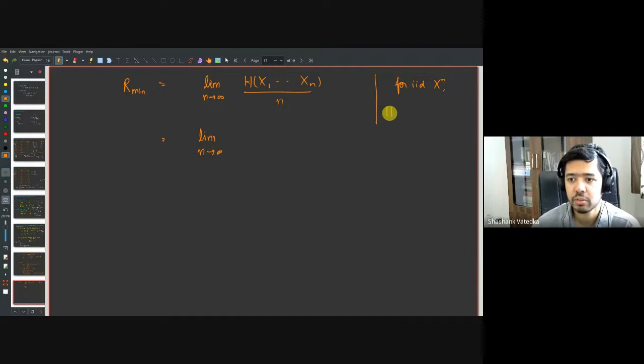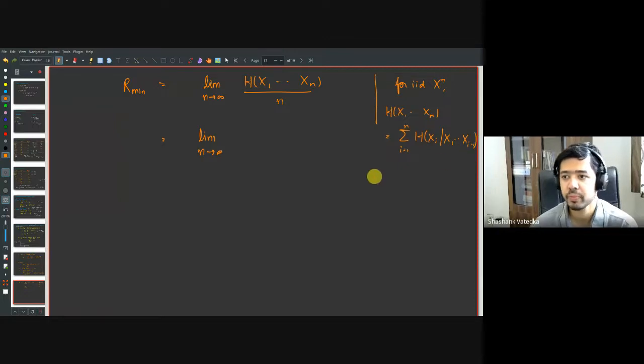Exactly. So h of x1 through xn, just using the chain rule, is summation i equal to 1 to n of h of xi given x1 up to xi minus 1. But what is this equal to? Since these are IID, each of these is simply equal to h of xi, which is equal to h of x1, which is h of x.